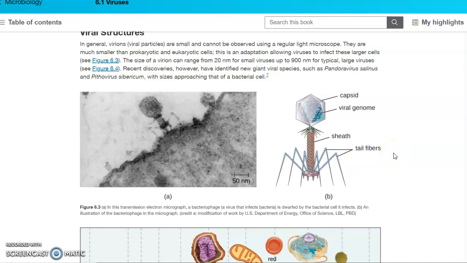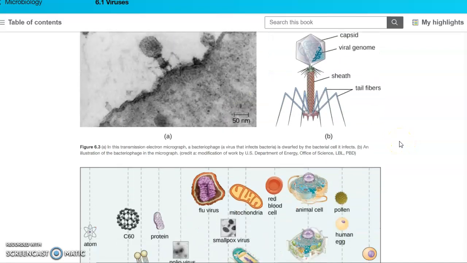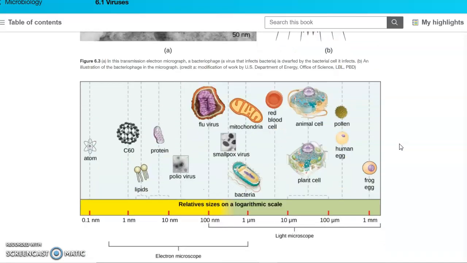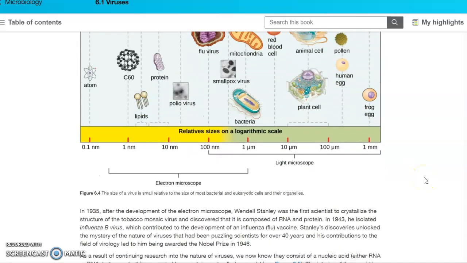So bacteriophages kind of look like little spiders or some type of little insect to me. And I can just picture them kind of crawling around the surface of the bacterial cell until they find their specific receptor. So viruses, again, tend to be smaller than bacterial cells, than eukaryotic cells, and typically seen with just the electron microscope.